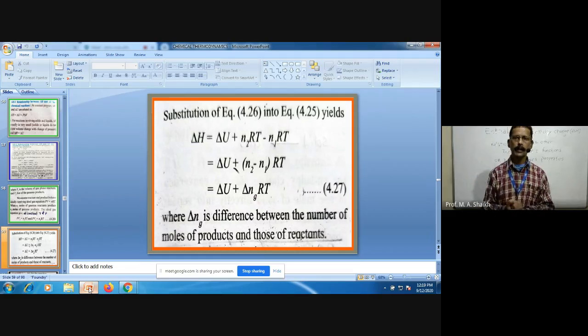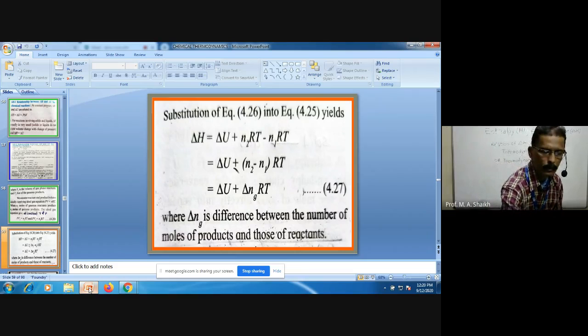In a gaseous chemical reaction, when the number of moles of gaseous reactants is equal to the number of moles of gaseous products, at that time delta Ng becomes 0. And when delta Ng becomes 0, delta Ng RT is equal to 0, and automatically delta H becomes delta U, or we will get delta H is equal to delta U. Now we'll go to the next slide.